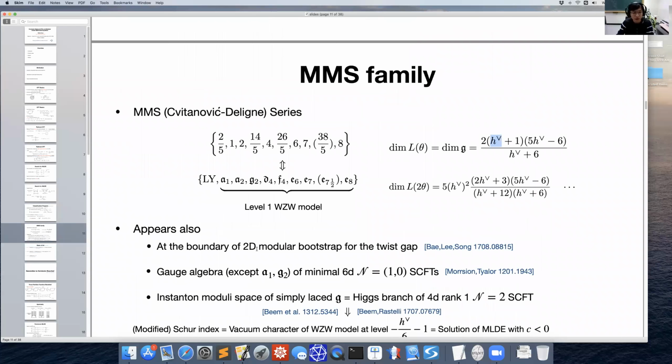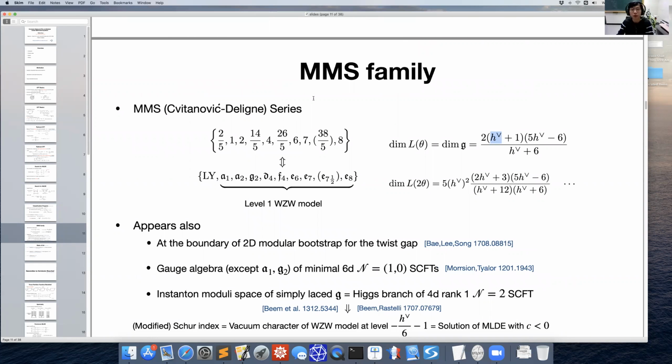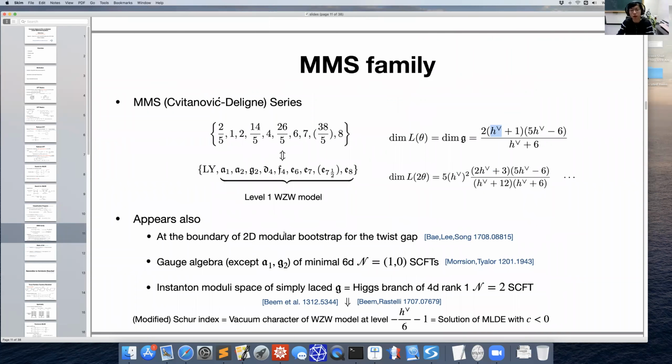In terms of physics, this family of CFTs, or this family of Lie algebras, also appeared in many other places. For example, they appear at the boundary of the 2D modular bootstrap for a twist gap.